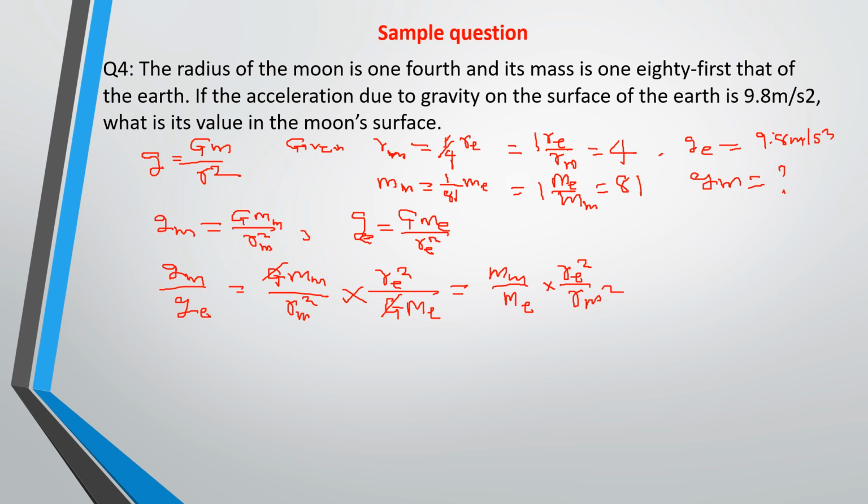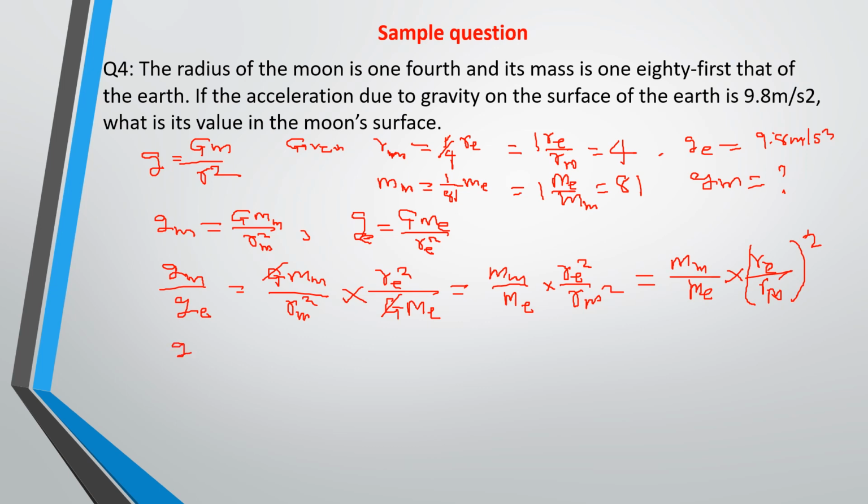This is also equal to the mass of the moon all over mass of the Earth, multiplied by radius of the Earth all over radius of the moon, all bracket squared. So as we did in the previous question, you can bring this together.